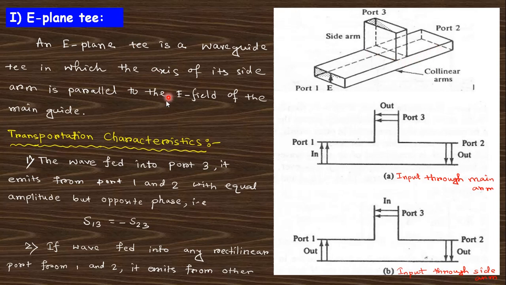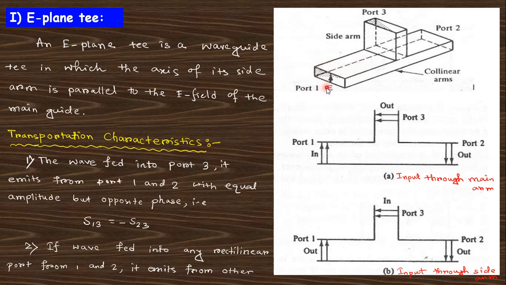Okay, if you want to know the transfer characteristics, meaning when the microwave transfers from one port to another port, in what percentage, in which phase or which amplitude it will be transmitted or not transmitted, we need to know through these transfer characteristics, right?